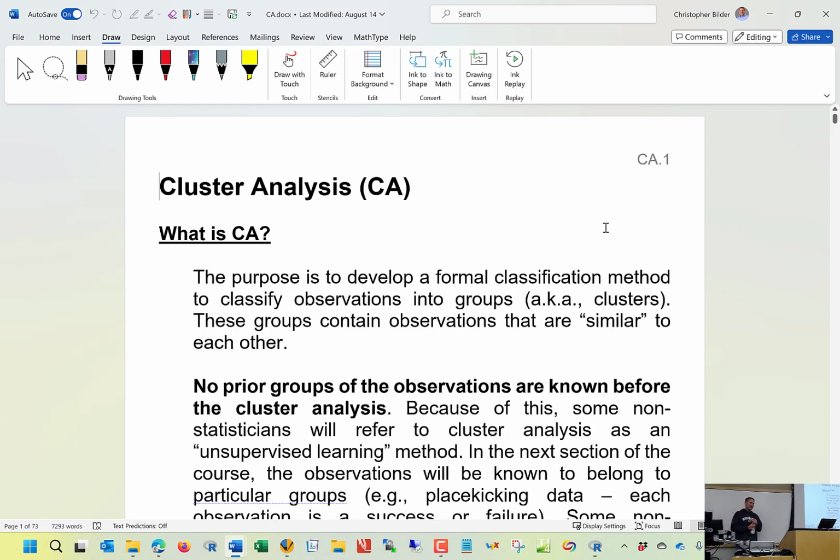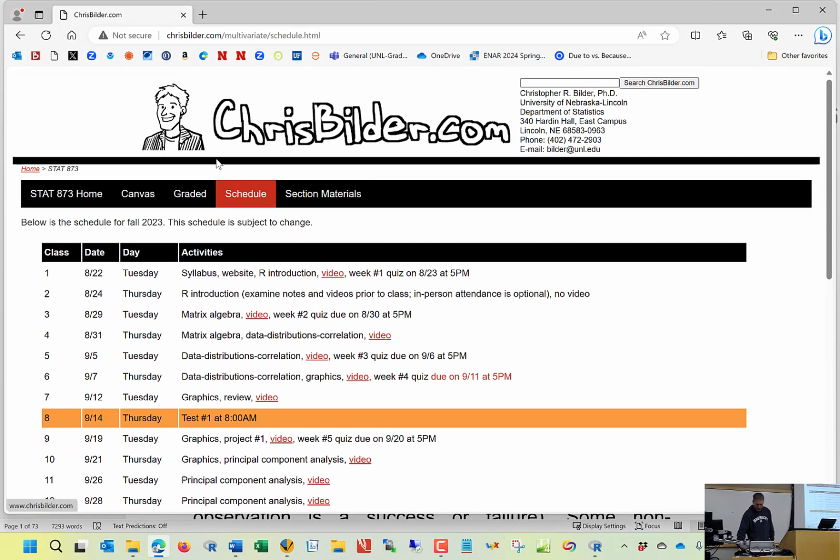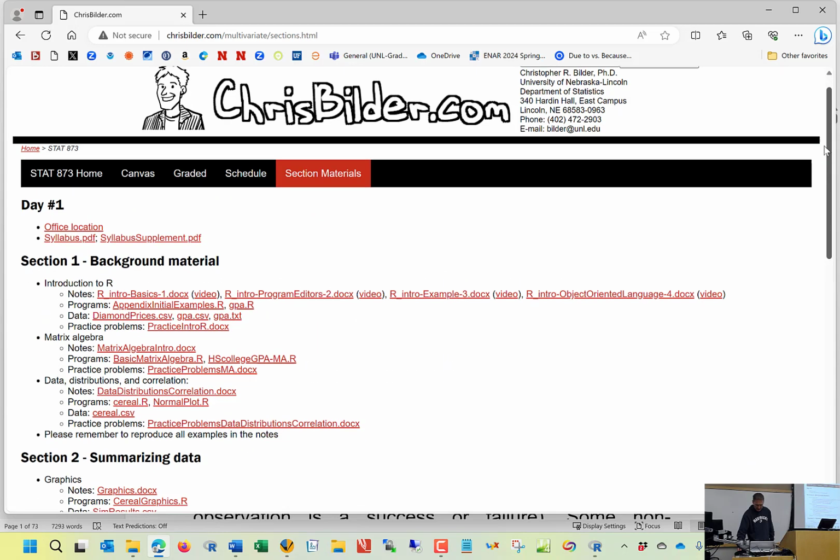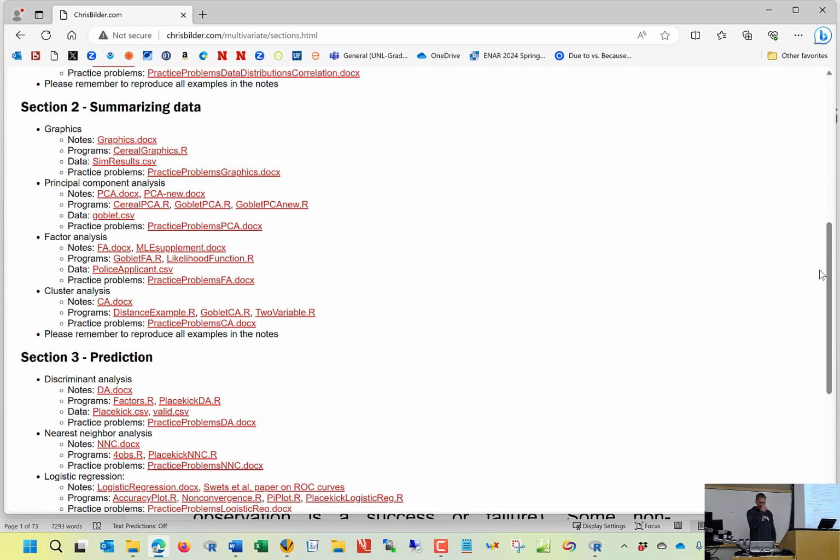And we're going to talk about cluster analysis then. So cluster analysis, just to take a look at where we are in the course. This is the last part of the summarizing data, let's say, section of the course.